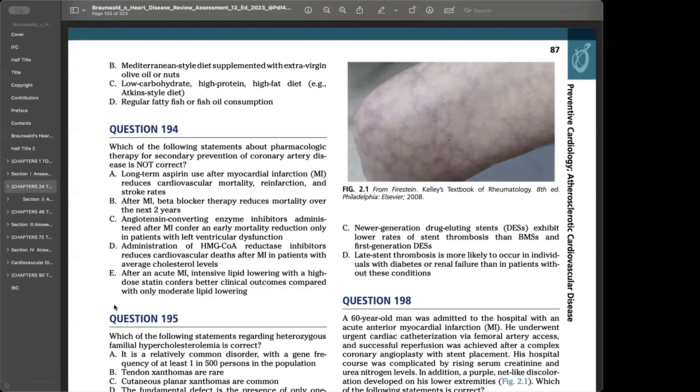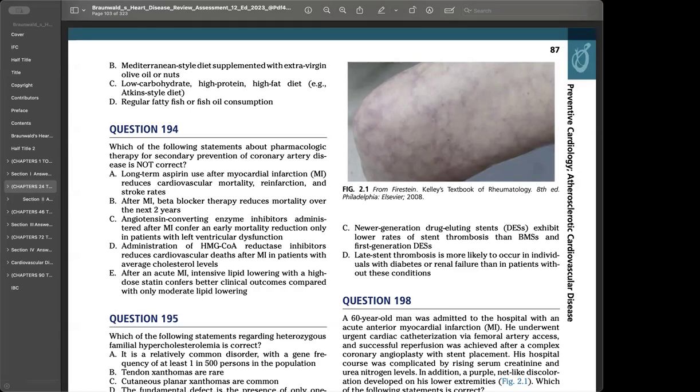Option C, angiotensin-converting enzyme inhibitors administered after MI confer an early mortality reduction only in patients with left ventricular dysfunction. This is a false statement. During and even after hospitalization of patients with myocardial infarction, ACE inhibitors were found in clinical trials to reduce morbidity and mortality during and even after the acute events, irrespective of the left ventricular function of the patient.